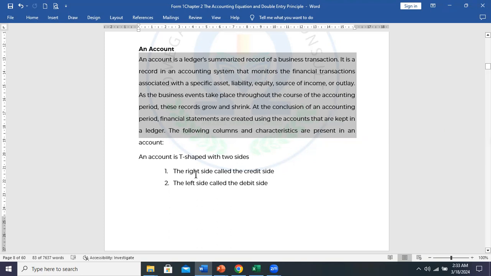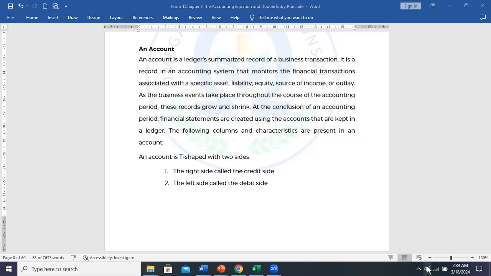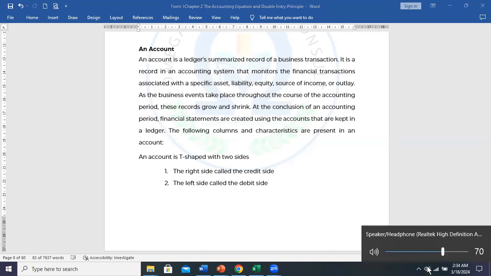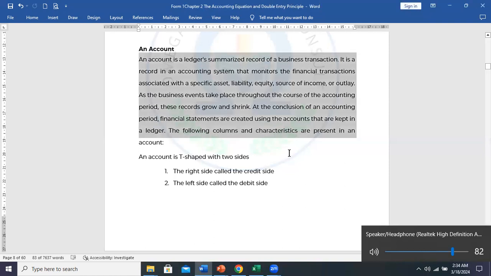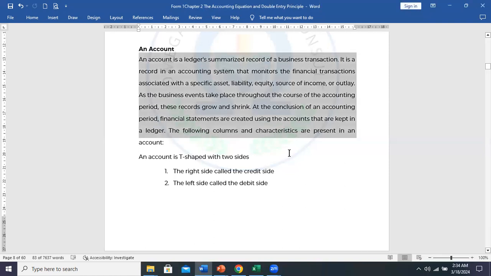An account is a ledger, summarized record of a business transaction. It is a record in an accounting system that monitors the financial transactions associated with a specific asset, liability, equity, source of income, or outlay. As the business event takes place throughout the course of the accounting period, these records grow and shrink.